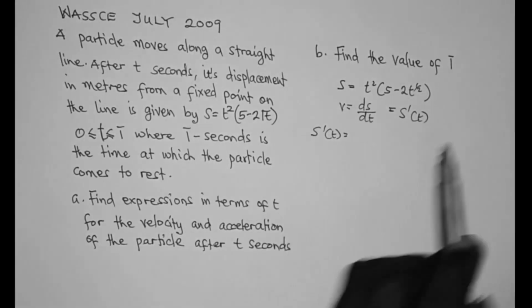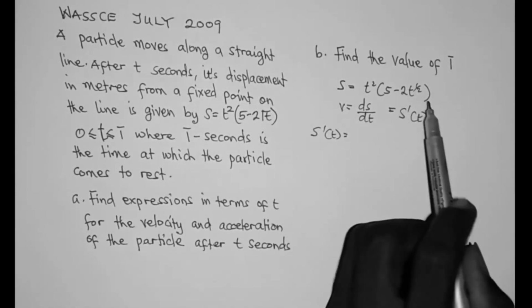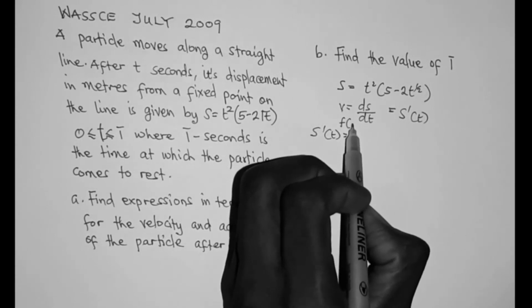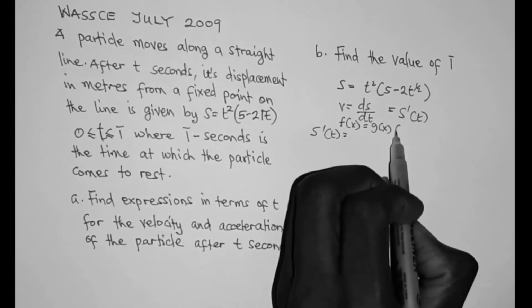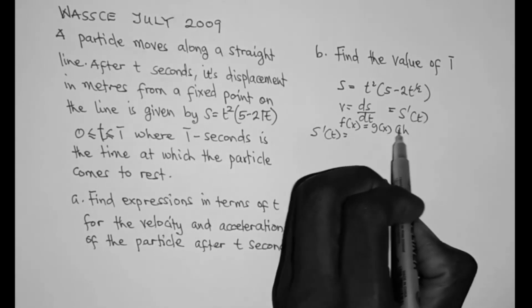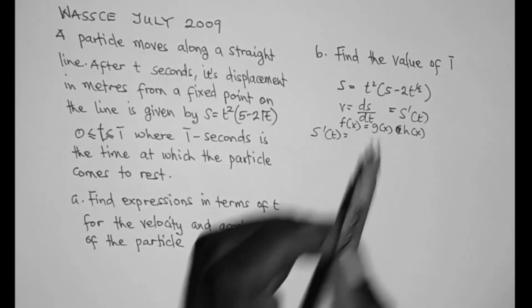This is the product of two functions. For example, f of x equals g of x times h of x.